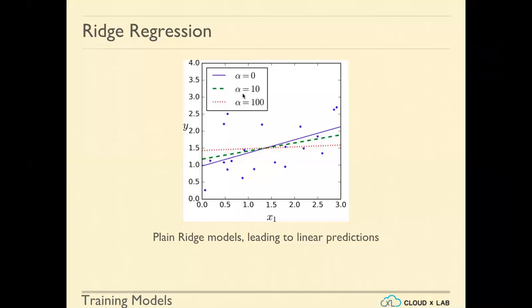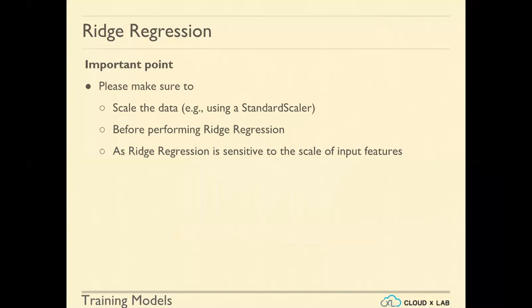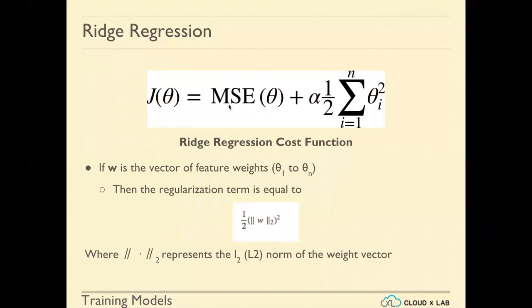But the moment we increase alpha to say 10, it starts to come back to kind of a horizontal line. If alpha is 100, it's only a horizontal line. It is equivalent of saying that this term is completely zero.